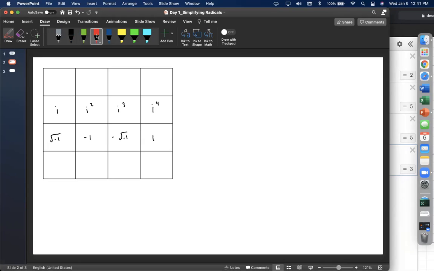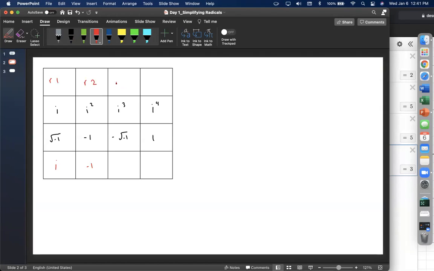So now in red, I am going to highlight the important parts. Whenever we have i, that means our remainder is going to be 1, and our answer is going to be an i. When we have i squared, our remainder is a 2, and our answer is a -1.